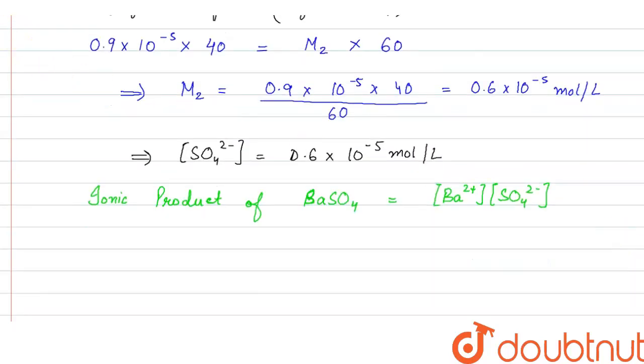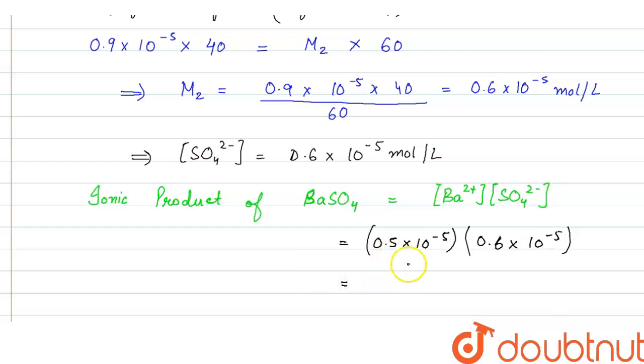So when we put the values, concentration of barium ions is equal to 0.5 into 10 raised to the power minus 5 mole per liter, and concentration of sulfate ion is 0.6 into 10 raised to the power minus 5 mole per liter.